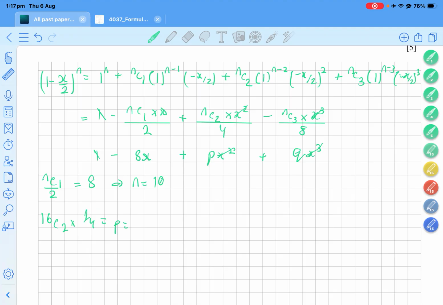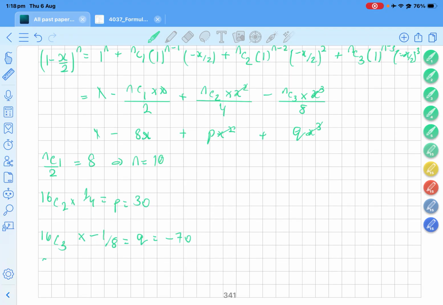I'm not doing it the hard way. So 16C2 times 1 upon 4 is 30, and then 16C3 into minus 1 by 8. So this is q, which is minus 70.